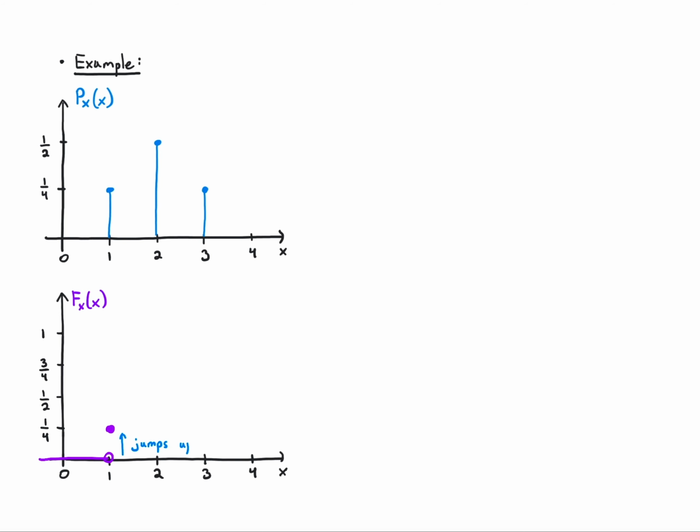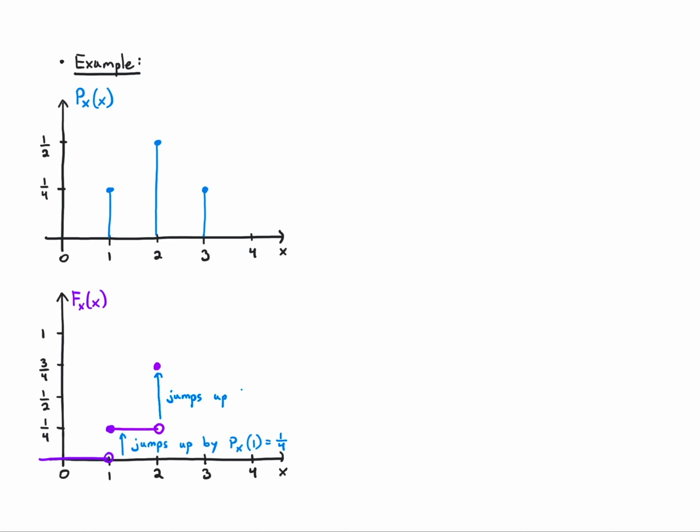Because it's the probability that I'm less than or equal to a value, and the PMF value at 1 is a fourth, meaning that the probability that you're equal to 1 is a fourth. So I need to jump up to catch that. Then I'm going to slide along until I get to 2, because there's nothing new until 2. Once I've hit 2, I'm now accumulating probability, so I jump up by a half, which is the value of the PMF at 2.